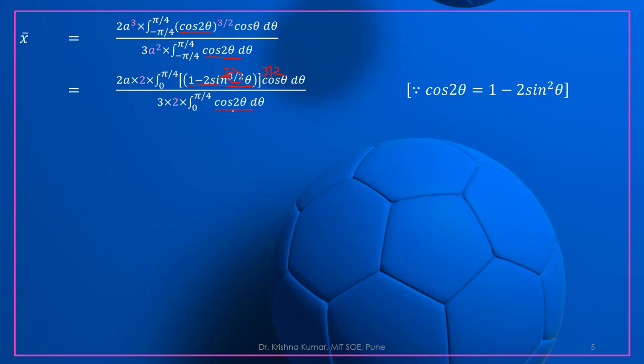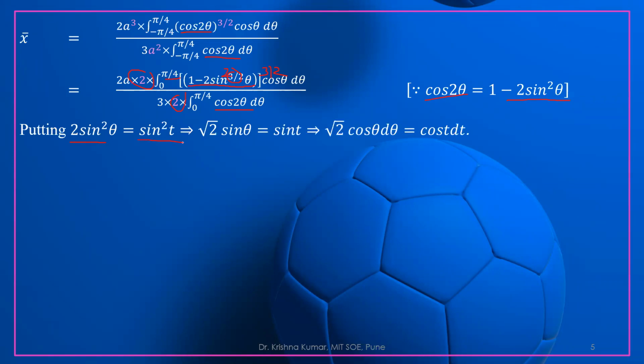And now since it is an even function, we multiply by 2 and change the limit from minus pi by 4 to plus pi by 4 into 0 to pi by 4, since cos 2 theta equal to 1 minus 2 sine square theta. Let us put 2 sine square theta equal to sine square t. Why?